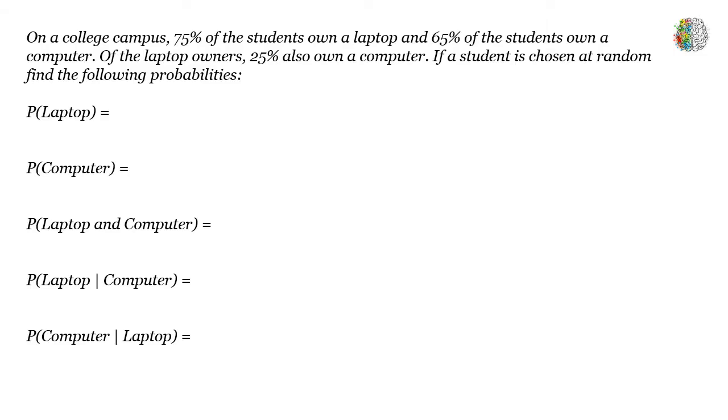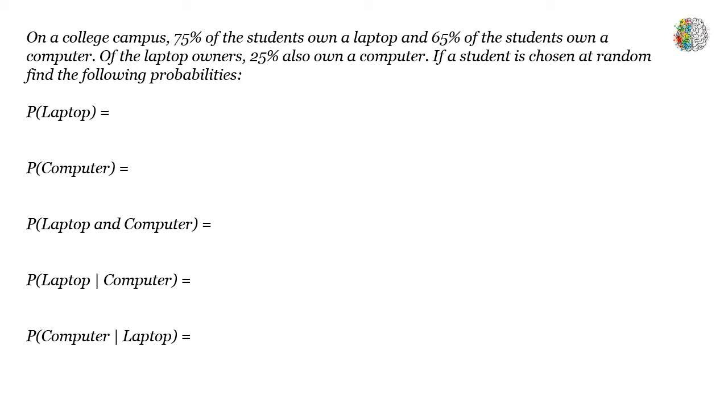Let's look at the next problem. On this one, it says on a college campus, 75% of the students own a laptop and 65% of the students own a computer. Of the laptop owners, 25% also own a computer.